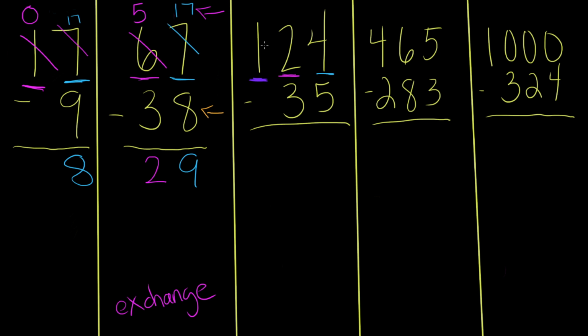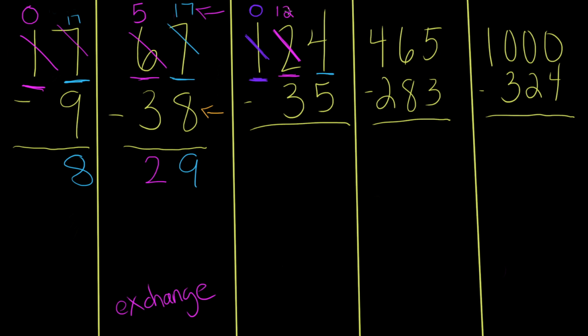So I'm going to exchange. I'm going to take that 100, so I have no hundreds now. I'm going to give that 100 to the tens place. So I no longer have 2 tens. I gave 10 tens to it, so 10 tens plus 2 tens, well, that's 12 tens, okay?